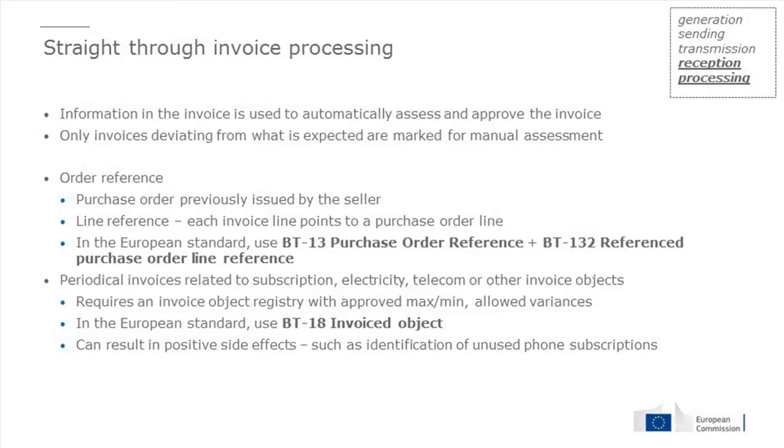This requires that you have a registry of these objects, and that the invoice can be matched towards that registry. And for each object, you then set some values like max and minimum or allowed variances. So if the rent is exactly this amount, then it will be paid automatically. Or if the invoice bill for this number is within 20 euros or 10 euros from a specific value, then it will be automatically approved.